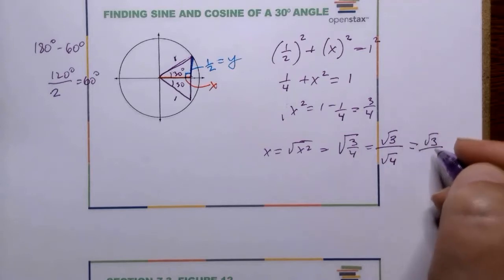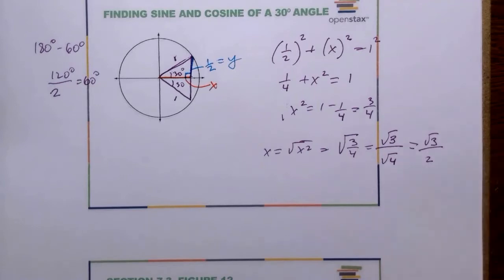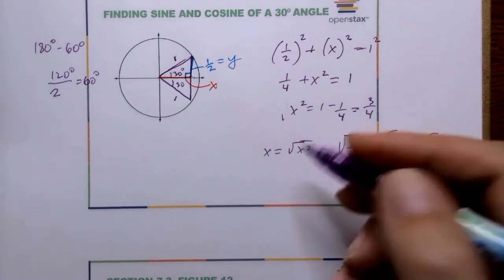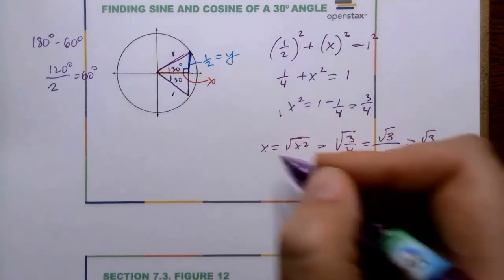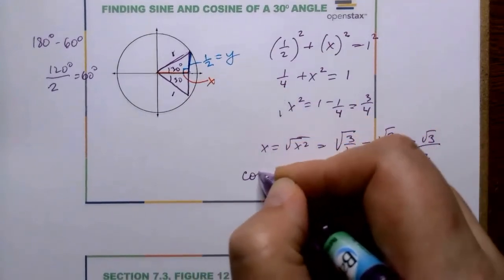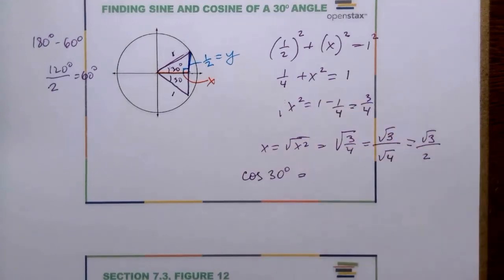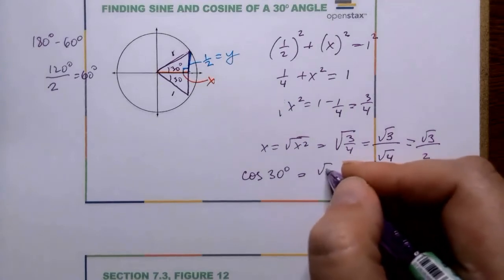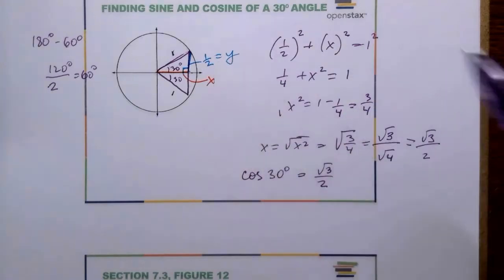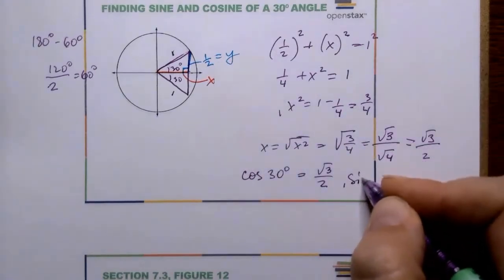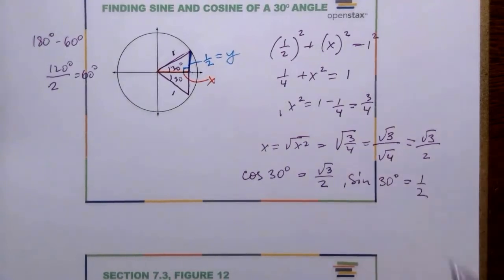And the square root of 4 becomes a 2. So that's my answer. And the x coordinate, just like we mentioned, is the same as the cosine of the angle. So cosine of 30 degrees is square root of 3 over 2, and sine of 30 degrees is 1/2.